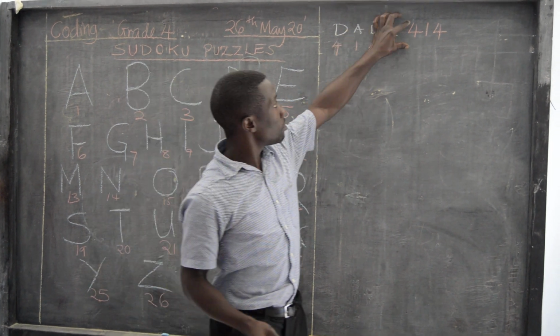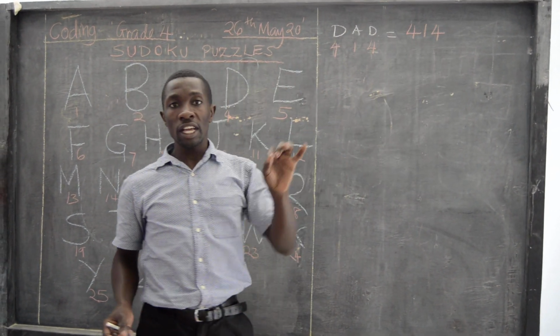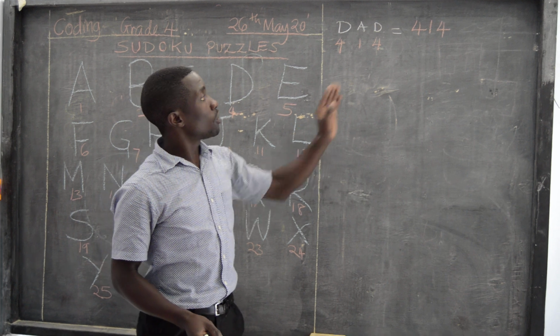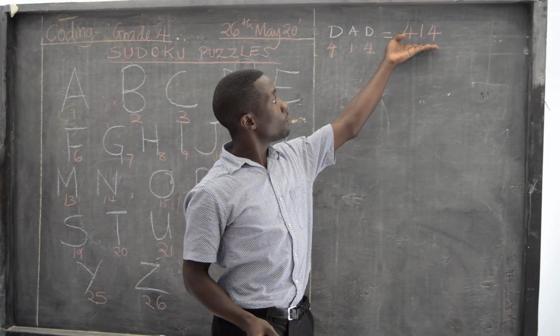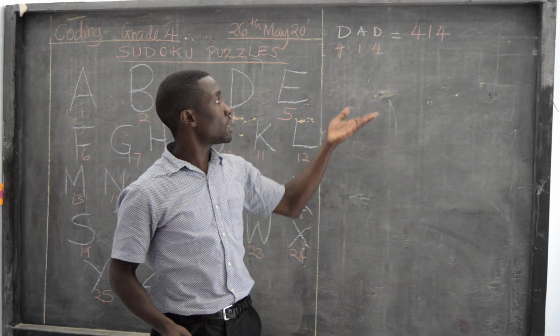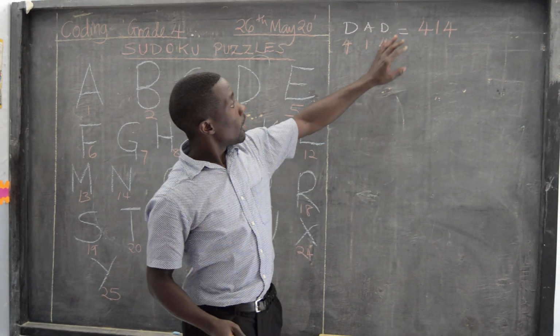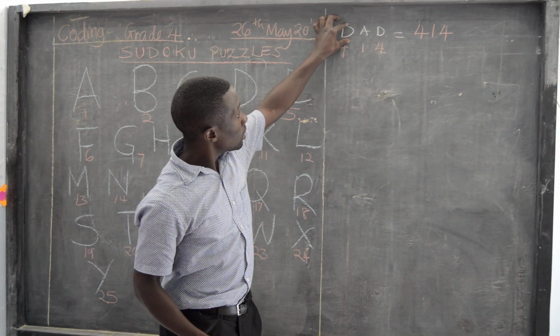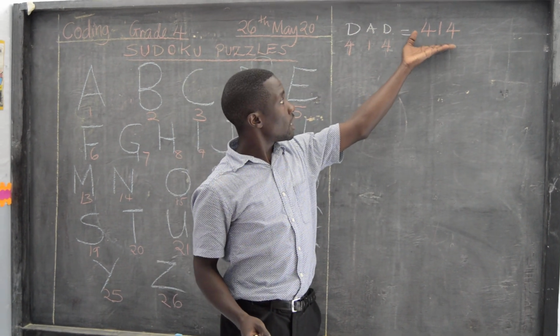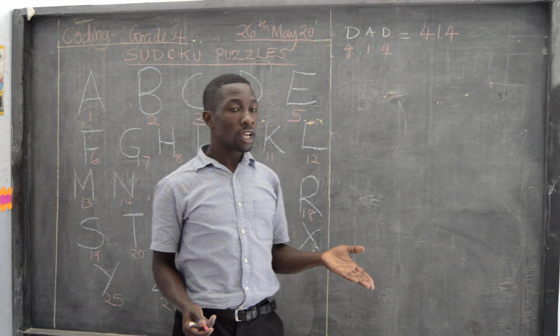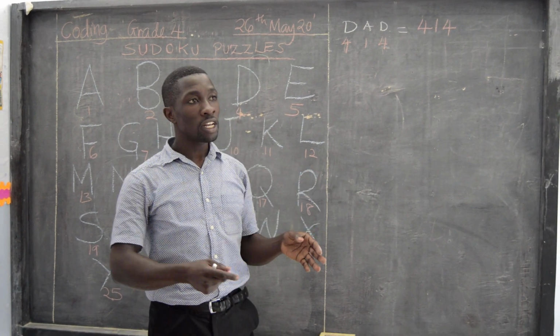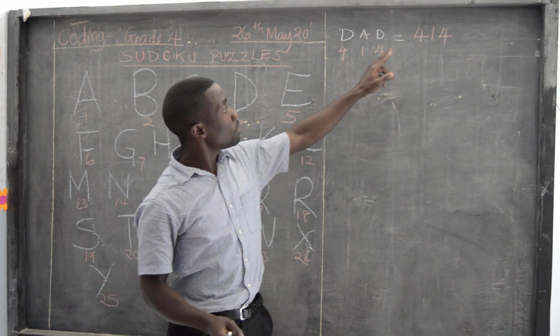You can be able to interpret this information, but someone else cannot be able to interpret it, because you've been given instruction on how to understand this particular coding. So your mind is just like a computer. I've taught you how to code this word, so you can be able to understand what 414 means. But someone else, maybe a child in grade 2, cannot be able to understand.